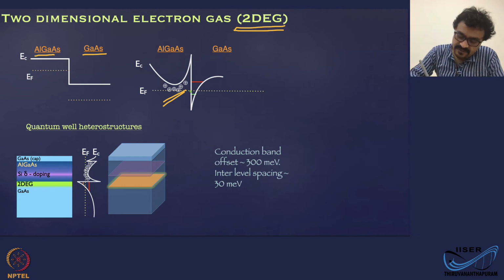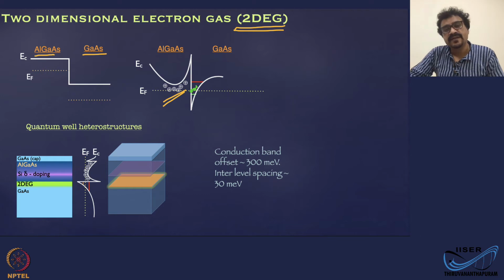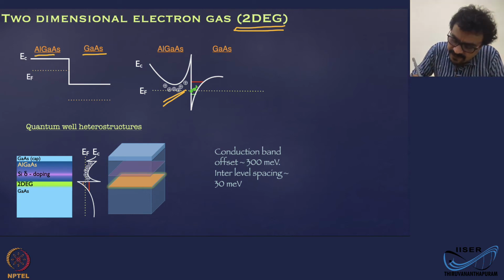The electrons are here. Now you can play around with the number of dopants, doping level, and all the other growth parameters, and you can make this triangular well here.